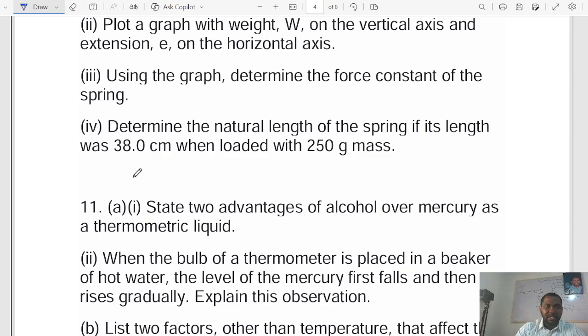Now, the next question says, determine the natural length of the spring if its length was 38 centimeters when loaded with 250 grams. I think that's quite easy, because to determine the natural length, remember that extension is supposed to be the new length minus the natural length, right?